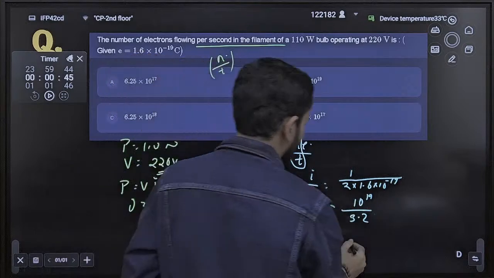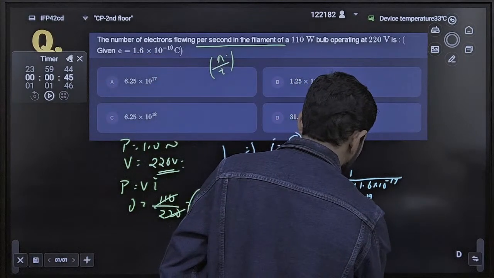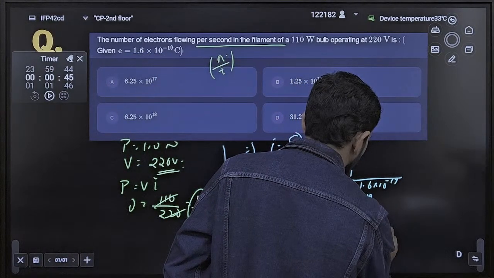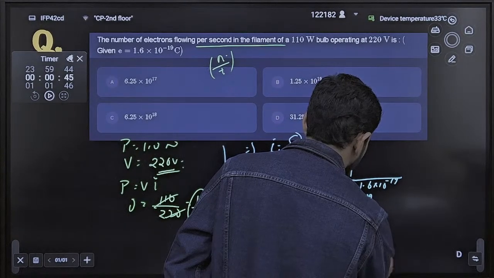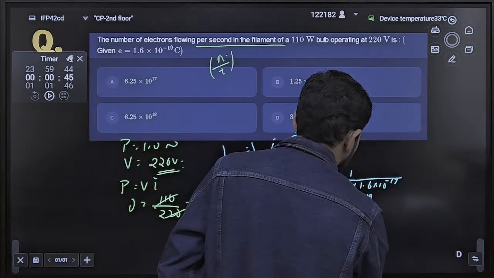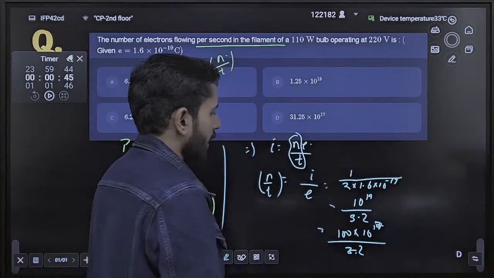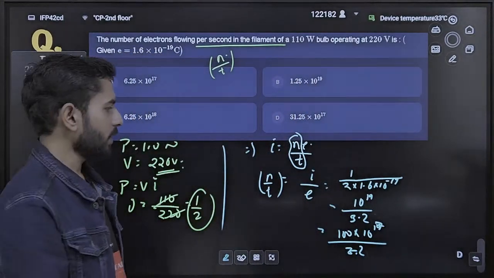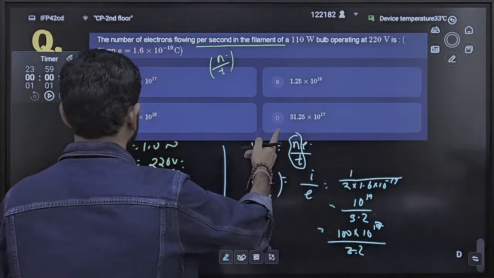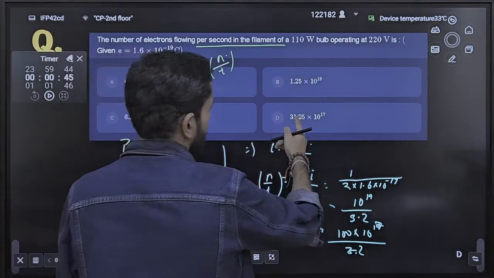Let's make it more further specific. Let's suppose 100 multiplied by 10 power 17 will be left, divided by 3.2. 100 divided by 3 is nearly around how much? 33. This option is coming actually correct. 3 term is coming.